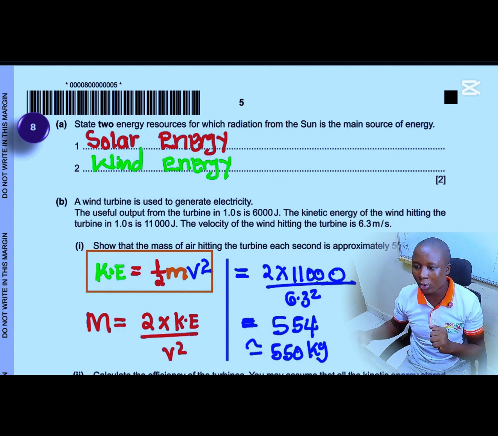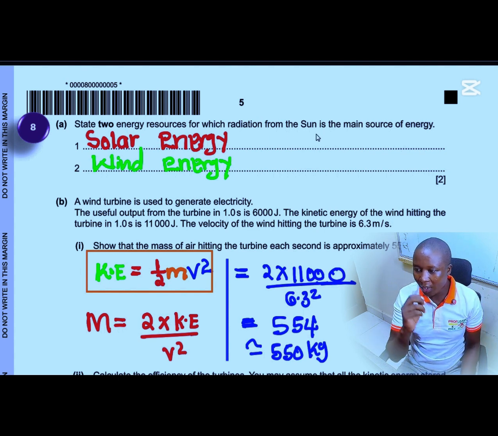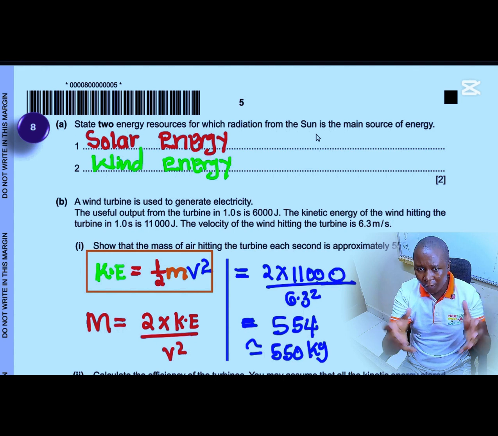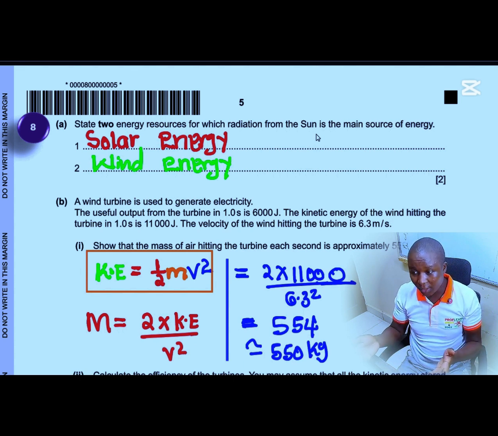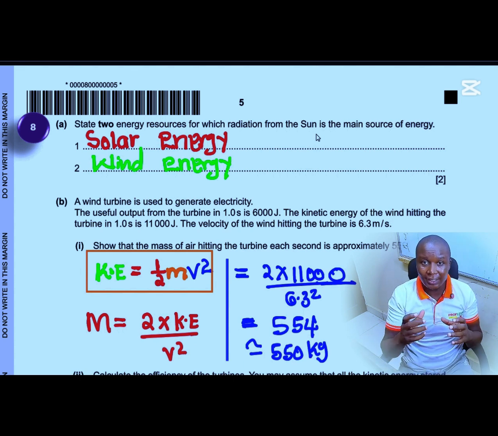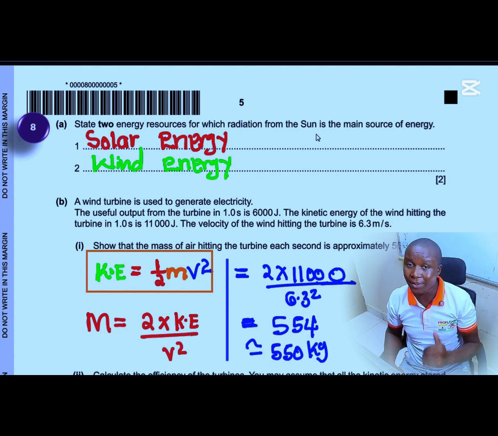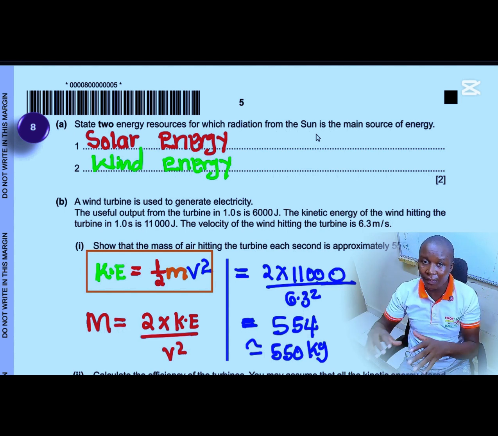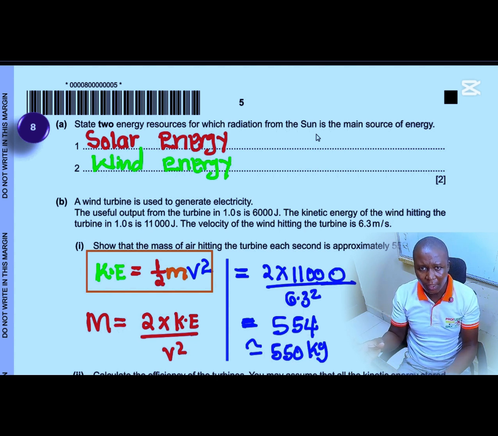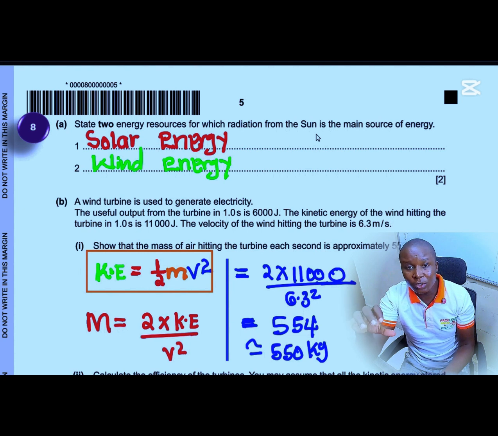So in this particular question 8, we are supposed to state 2 energy resources for which radiation from the sun is the main source. So this is solar energy. If you take solar panels, they will absorb the energy from the sun, and it's used to warm and heat water. But wind energy, because the radiant heat from the sun hits the earth's surface at different uniformity, it means that different regions of the earth are going to be at different temperatures.